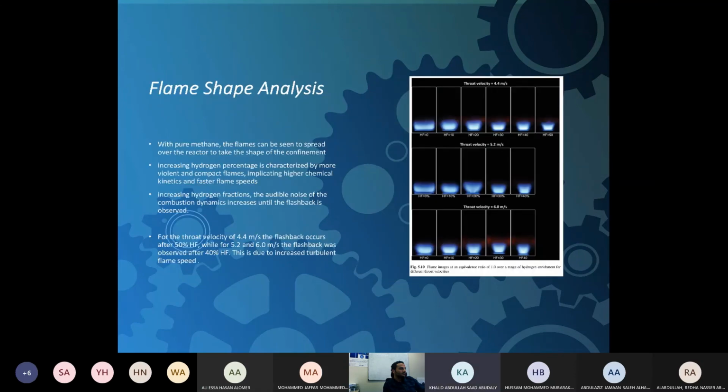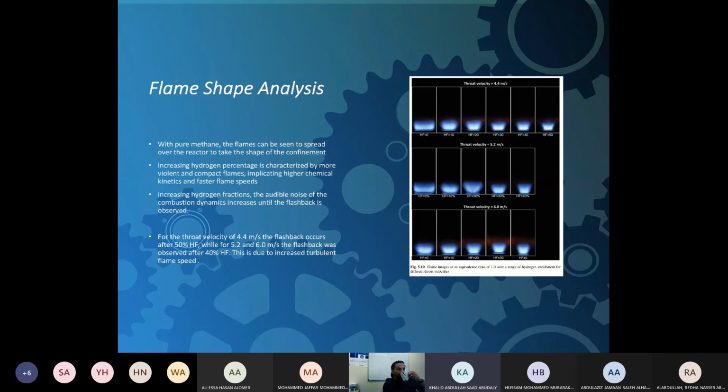Flame shape analysis. With pure methane, the flames can be seen to spread over the reactor to take the shape of the confinement. Increasing the hydrogen percentage is characterized by more violent and compact flames, implying higher chemical kinetics and faster flame speeds.